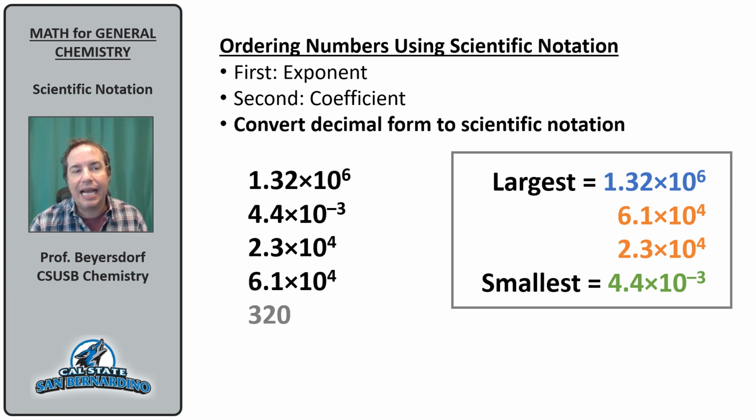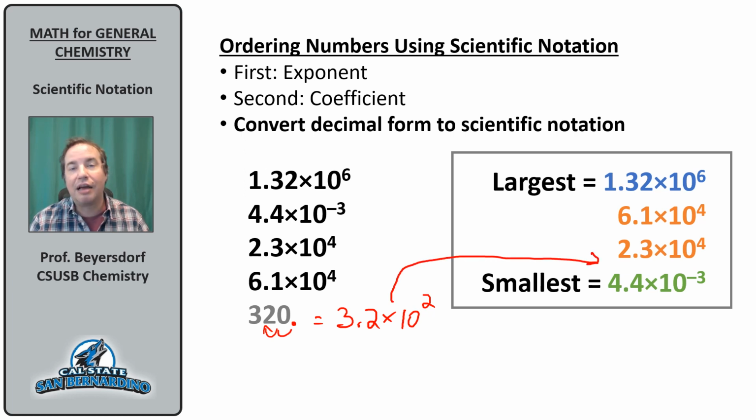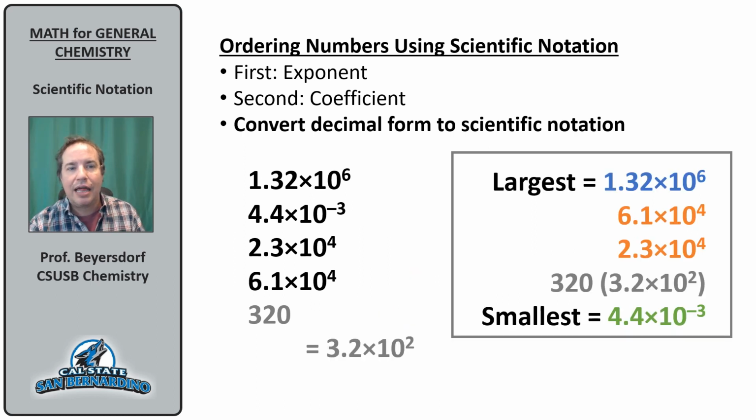Well, in this case, I need to convert the 320 to scientific notation. So here's my decimal place, 1, 2. And so when I do that, I get 3.2 times 10 to the 2. All right, so now I look at it and I can say, okay, that slots right between the 10 to the 4th and 10 to the -3, right? And so that means that there I have my answer.